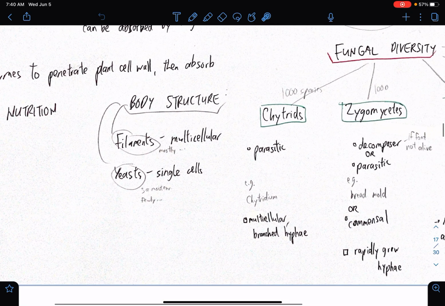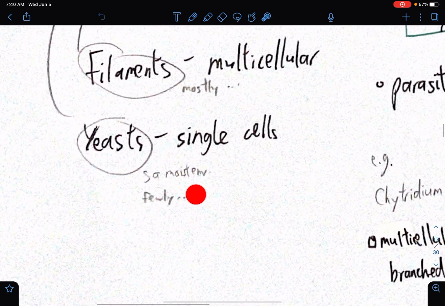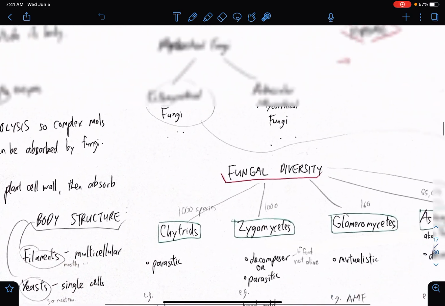How about the body structure? Filaments are mostly multicellular. The yeasts are single cells. Not many are yeasts. They can be found in moist environments.